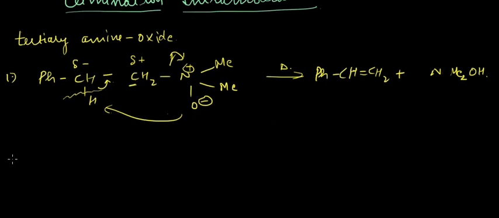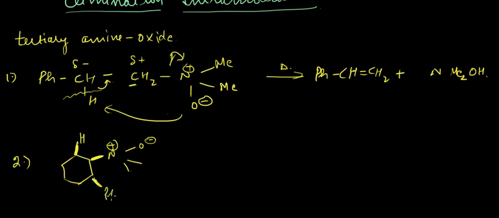Now let us look at the second example. We have something like this, where H is coming out of the plane, N is also coming out of the plane, positively charged, O minus is there, Me2 is there, Ph is there, and we also have a second H attached here.